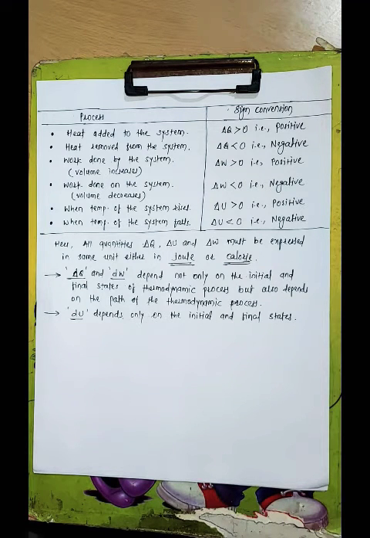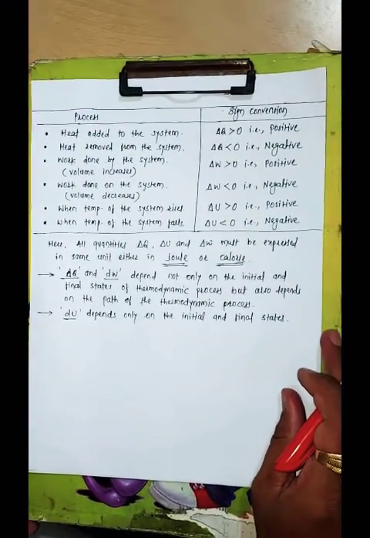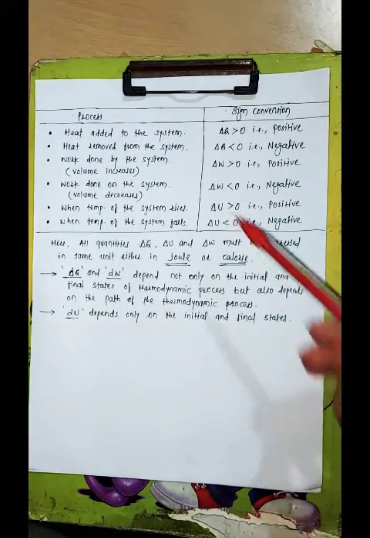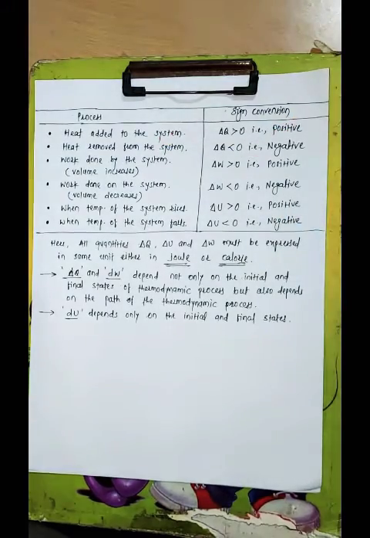In that table, we see the thermodynamic sign convention for heat and work. We'll understand those processes and study them one by one. The first process is heat added to the system.